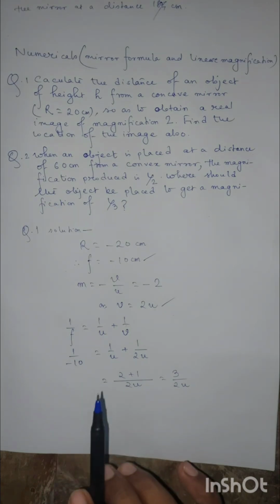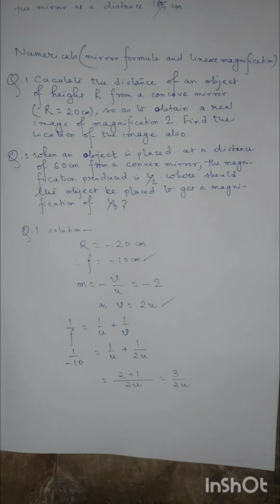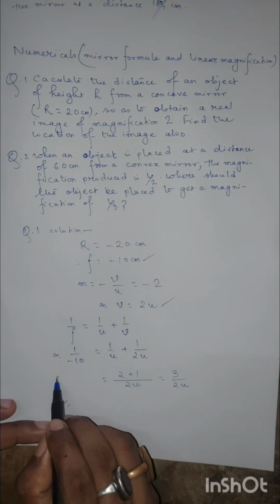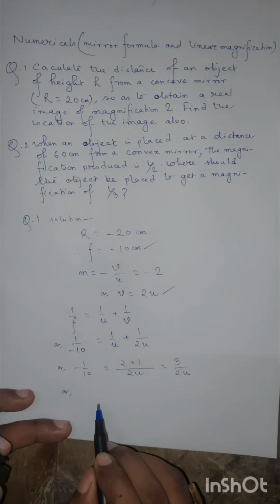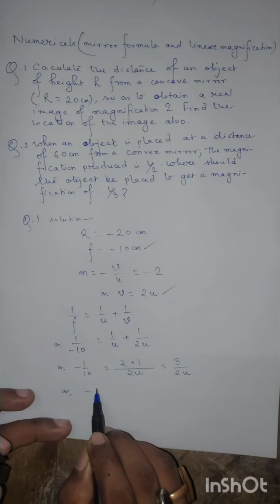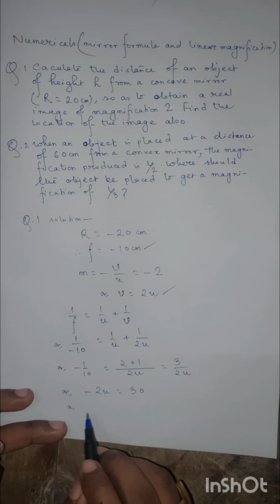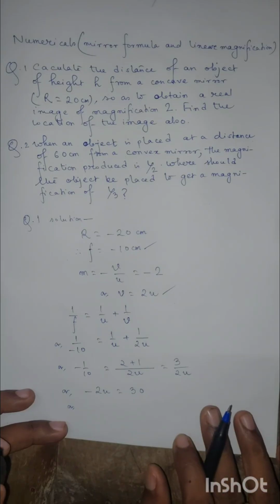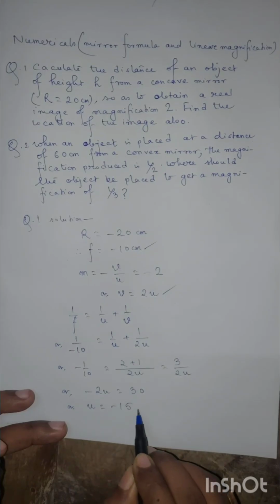So minus 1 by 10 is equal to 3 by 2u, or we can say minus 2u is equal to 30, or u should be equal to minus 15 centimeter.